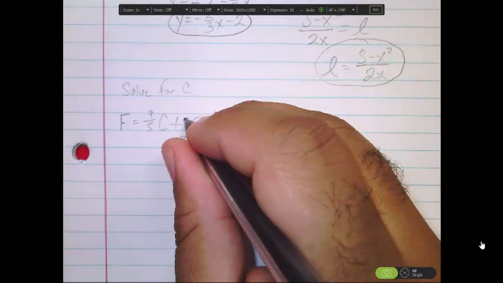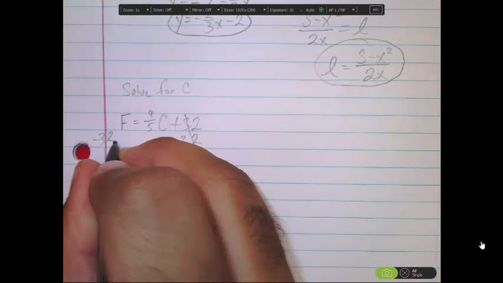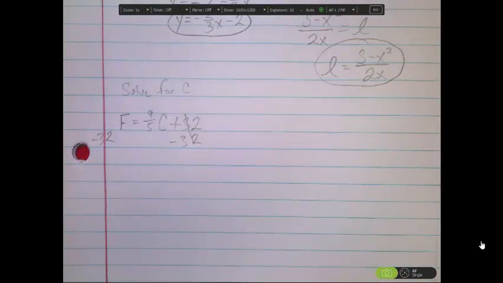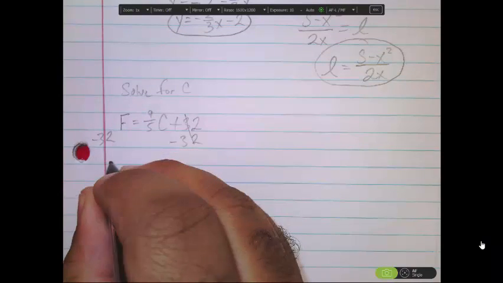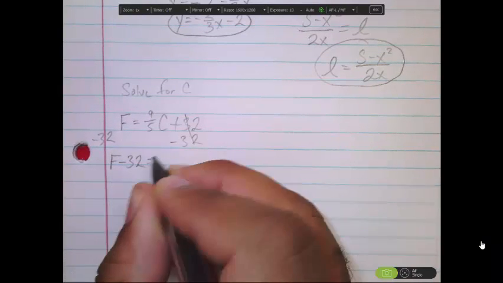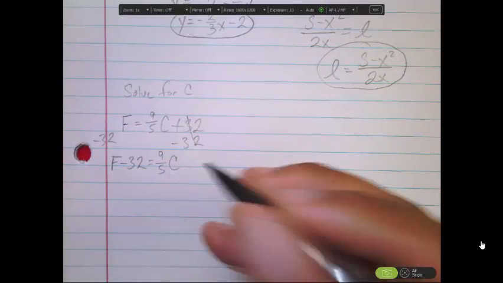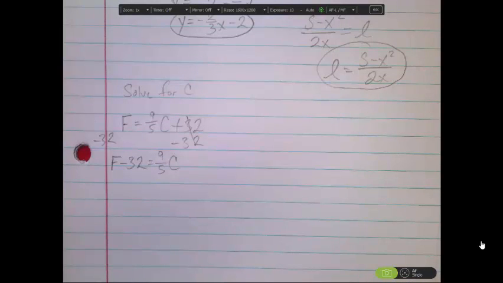These two will cancel each other out. So we're going to subtract 32 from this side. All right, let's rewrite it. F minus 32 equals 9 fifths C. Okay, looks a little bit better.